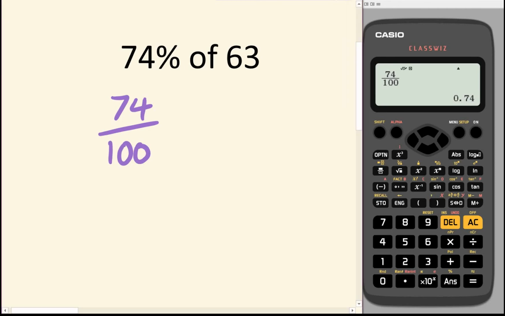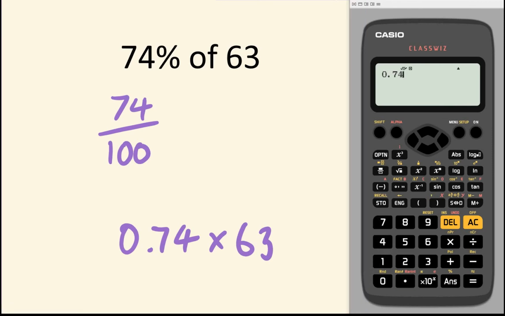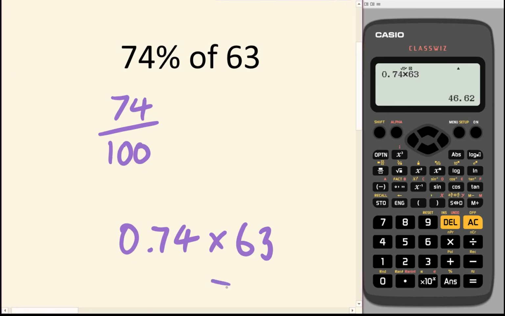And always in maths, whenever you see the word "of", that can basically be replaced by a times sign. So if I want to work out 74% of 63, all I need to do is 0.74 times 63. As a decimal, that gives me 46.62.